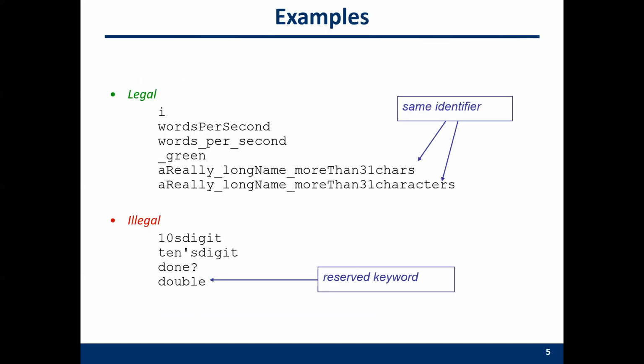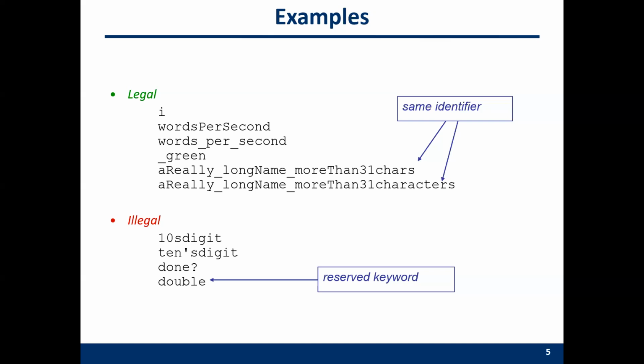So here are some examples. Nothing special here, but you can use the underscore as the first character in a variable name. And these two are the same because when you have more than 31 characters in the name, the compiler will automatically discard the rest.